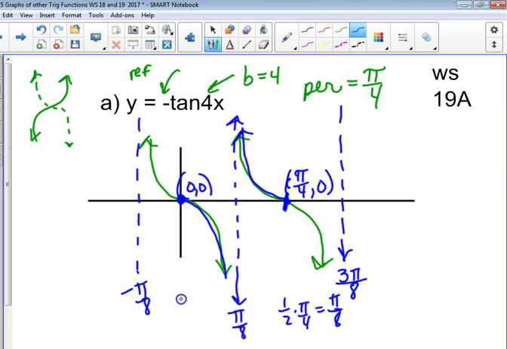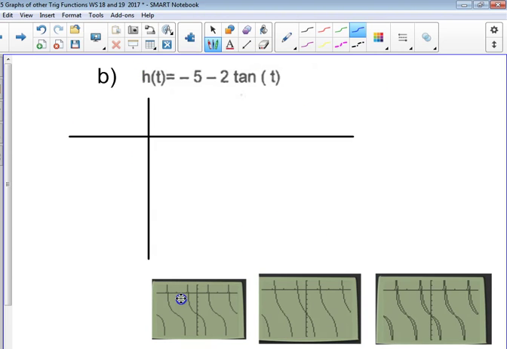All right. Next one's weird. This is at the same spot on your paper. First of all, we could rewrite this as -2 tangent of t minus 5, if you like it that way better. What is the 5 doing? Vertical shift down 5.